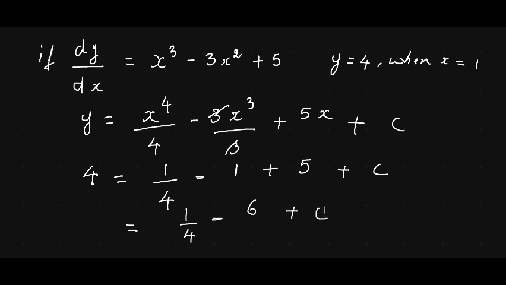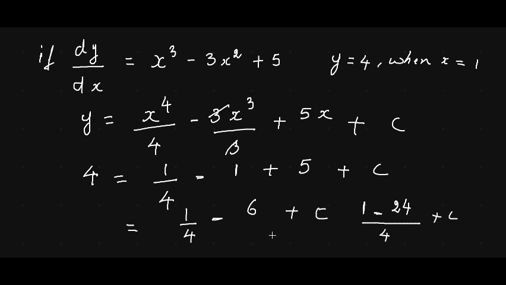Now if you make 4 as the common denominator, then you can make that as 1 minus 6 times 4, right? So that's 24 divided by 4 plus c.